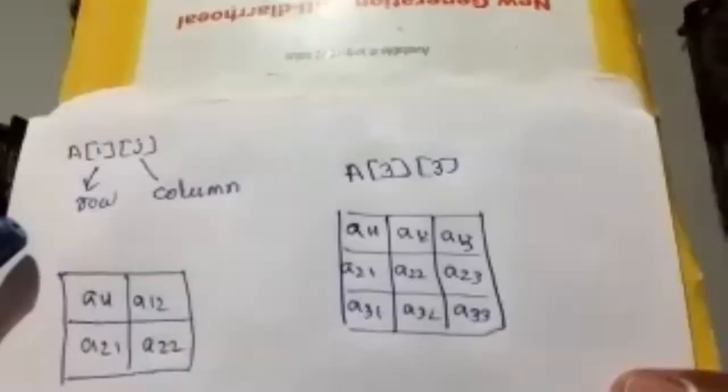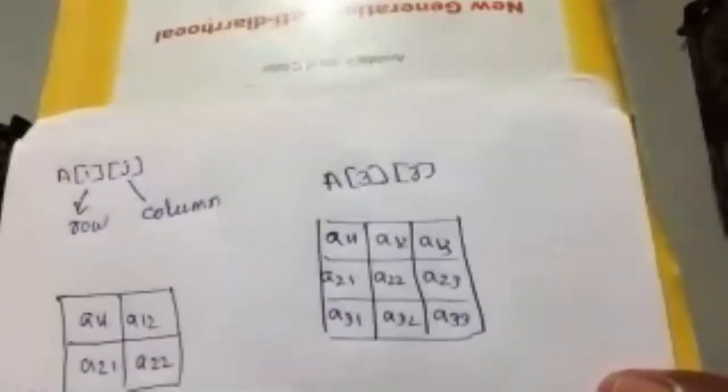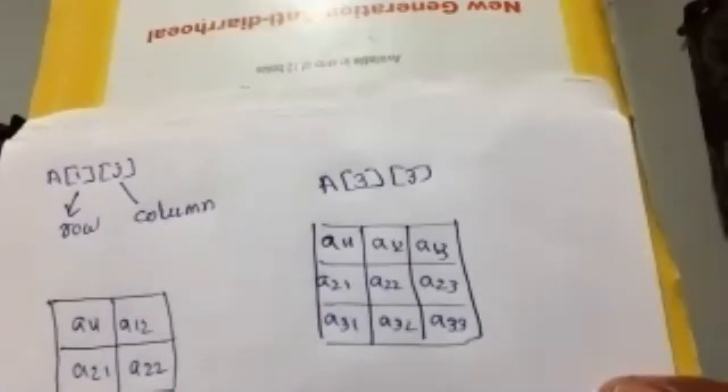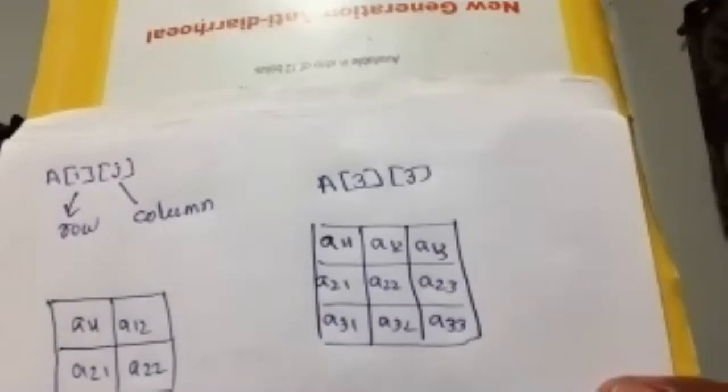Similarly, start 2 then 3, start 3 then 3. Are you getting some concept? If I put 2 consecutive for loops, then can I get these addresses?